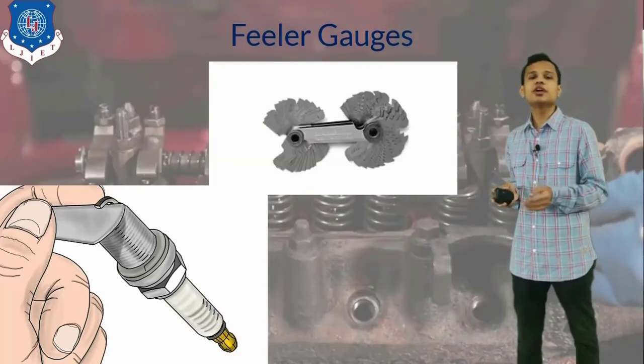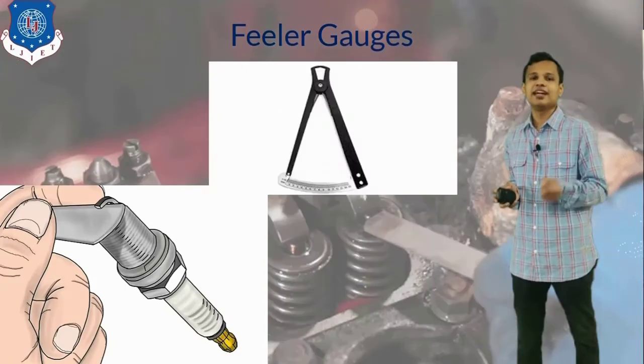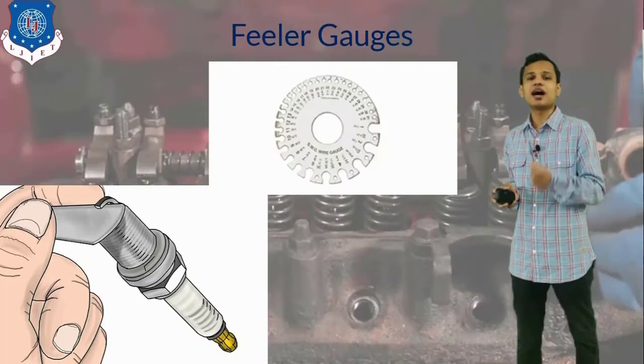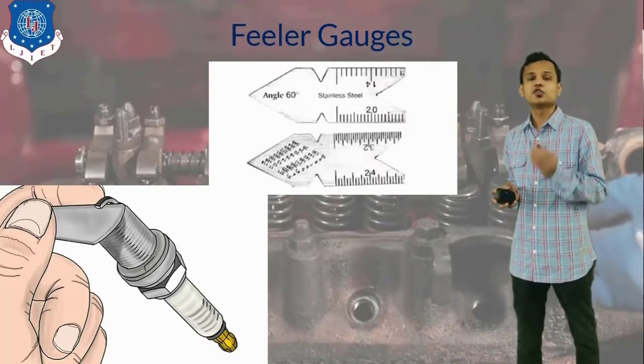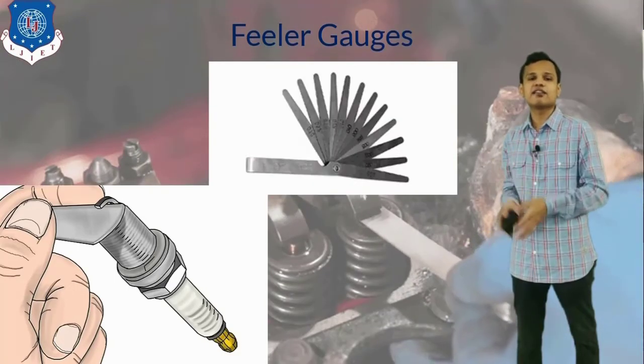In the figure below you can see the feeler gauge has been used to measure the spark gap. Right, the spark gap is an important characteristic, and its value should be proper so that the vehicle can be driven at the required power.